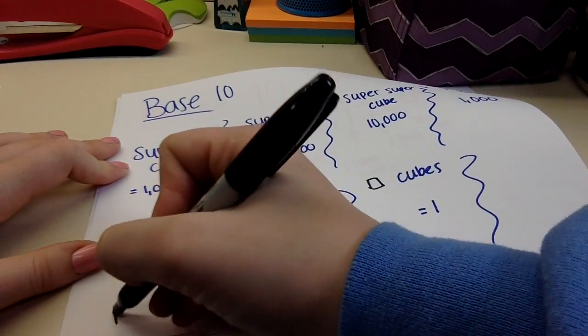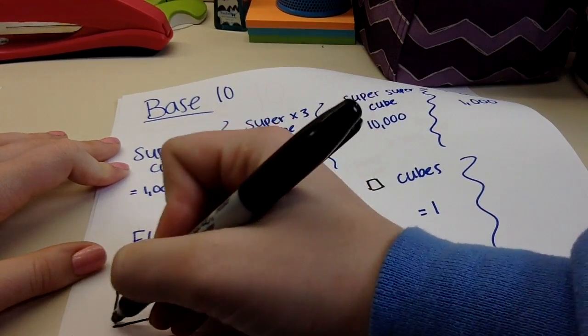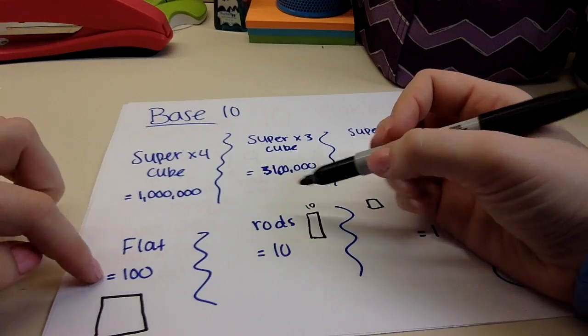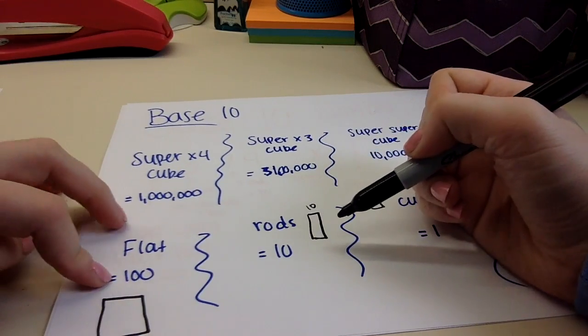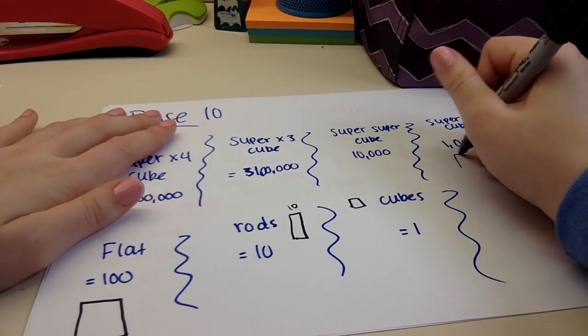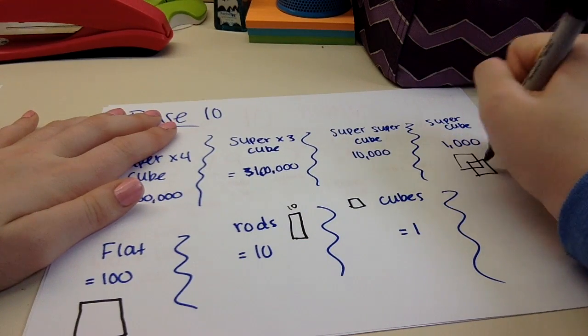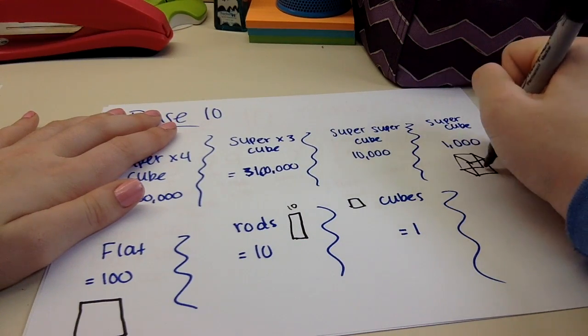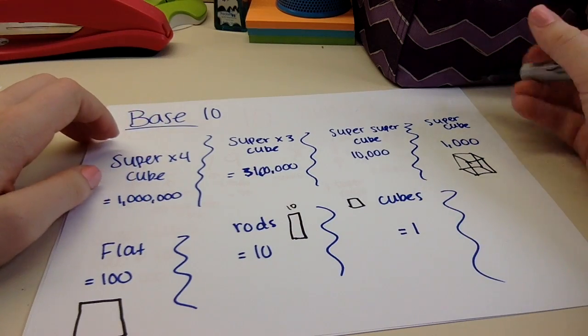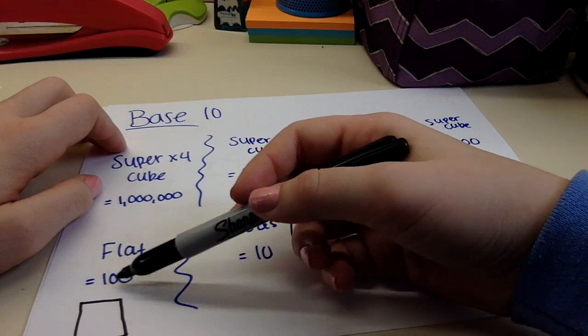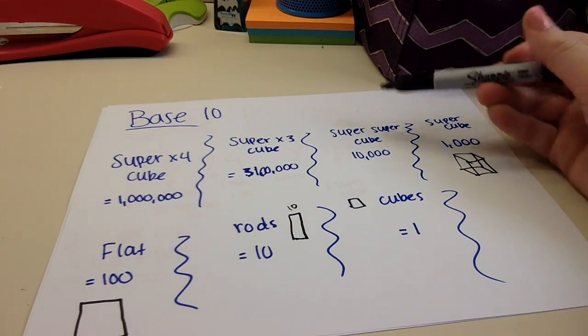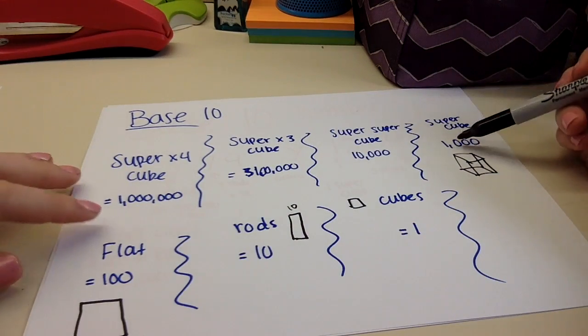A flat, which is 10 rows of rods, gives us 100. A supercube is equal to 10 flats of 100 stacked on top of each other, which is 1,000.